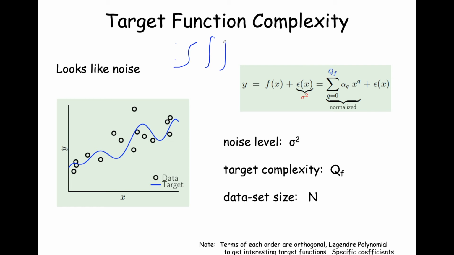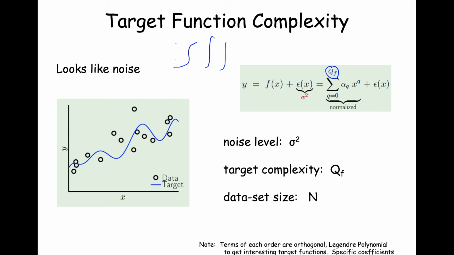And so let's imagine an experiment where we vary the complexity of the target function by changing QF, the term representing the different powers of x in Legendre form, as well as sigma squared, the noise process. When sigma squared is 0, it's going to be noiseless.